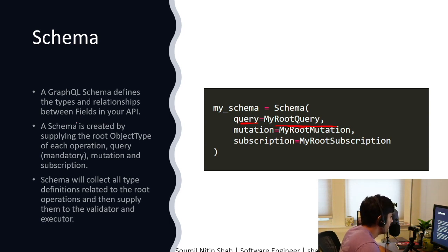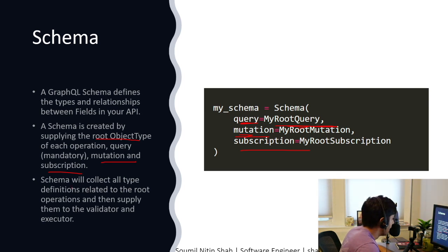A GraphQL schema defines a type and relationship between the fields in your API. Okay, that makes sense. A schema is created by supplying the root objectives of each operation: query, mandatory, mutation, and subscription. So apart from the query, it takes mutation and subscription. What is mutation? Basically, CRUD operation. We'll look into that in a bit. So don't worry about that.